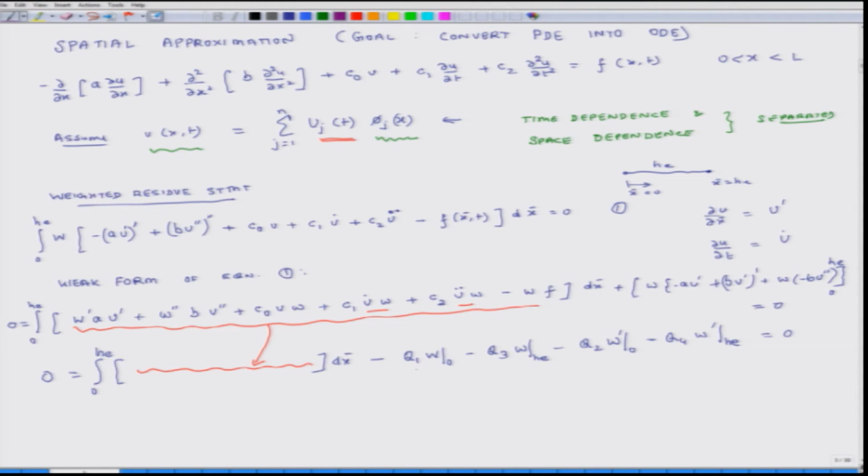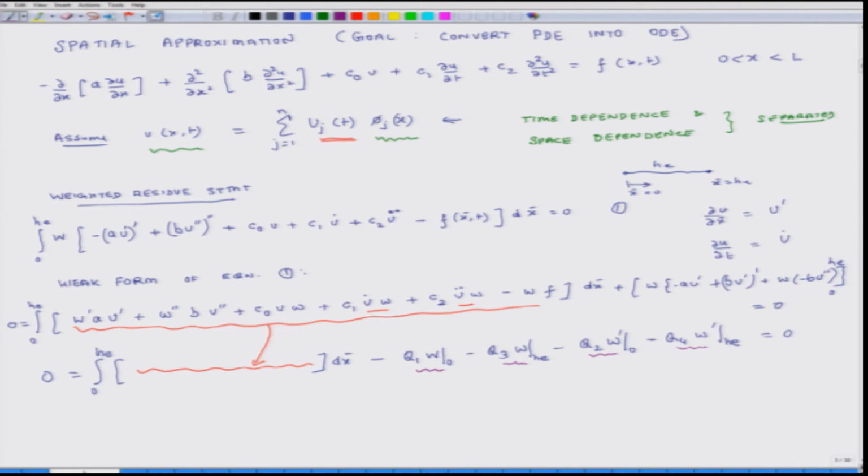So, these are my boundary terms, and when we do the assembly, when we assemble all these element level equations, then the value of these boundary terms essentially comes from our boundary conditions.